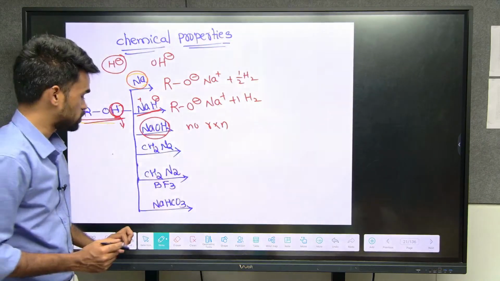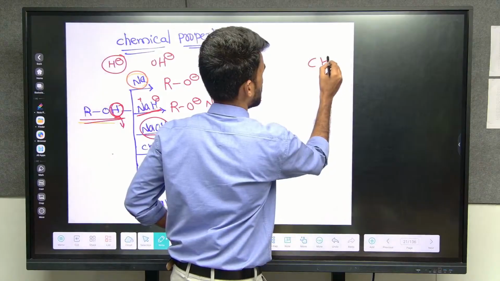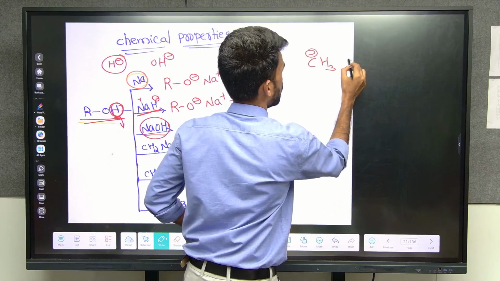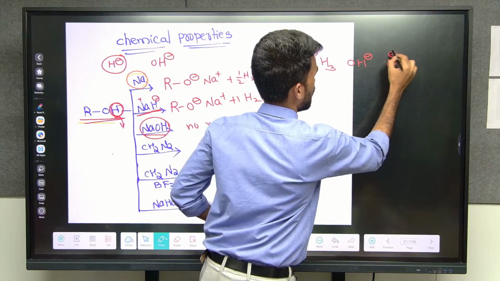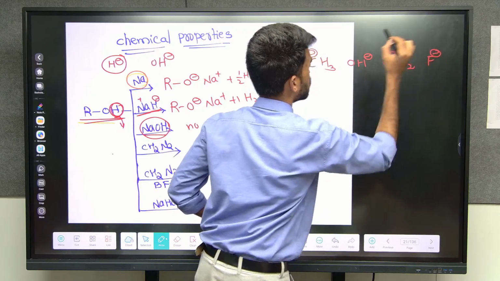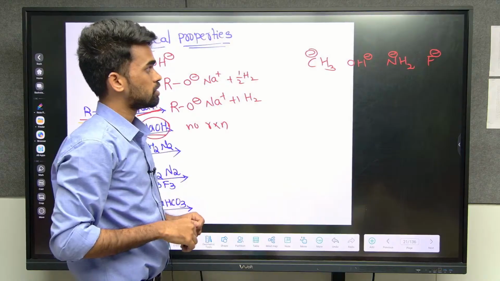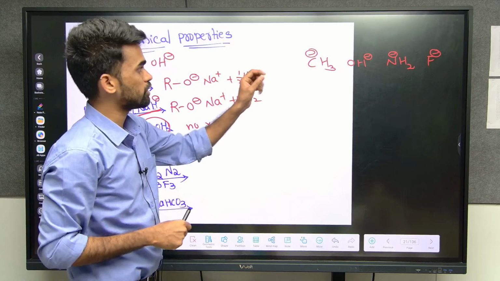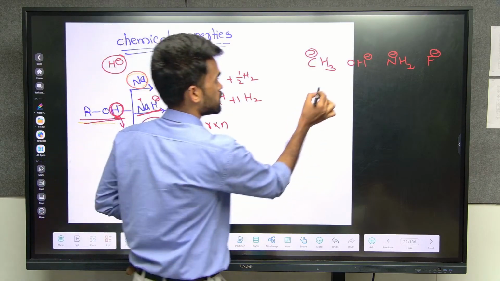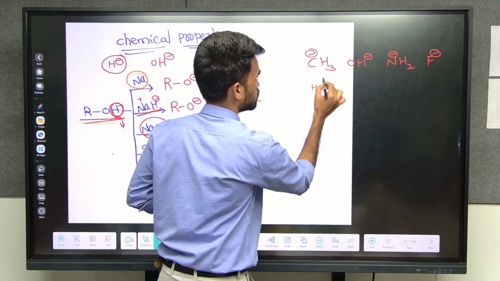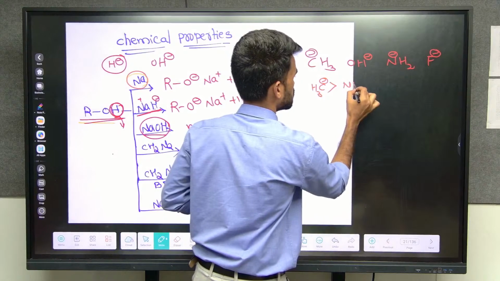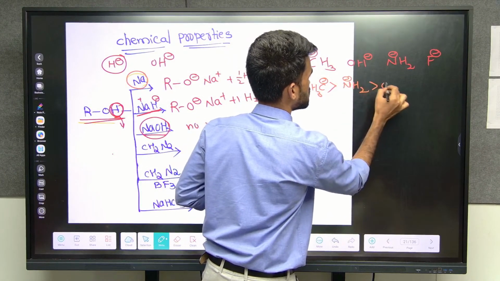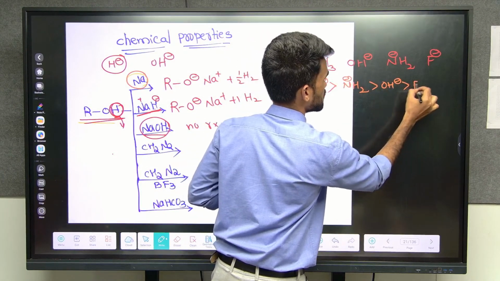It means, you tell me, CH3 minus I am writing, OH minus I am writing, NH2 minus I am writing, and F minus I am writing. Which is more basic? Tell me. Least electronegative is? So CH3 minus is more basic. Next after this, NH2 minus, next OH minus, least is F minus.